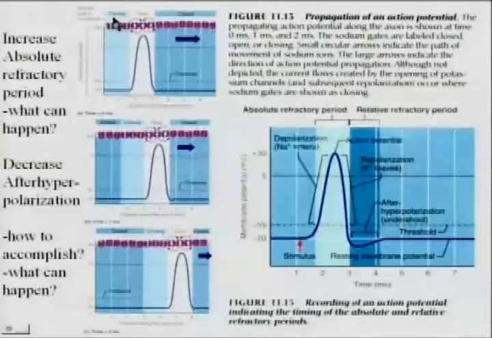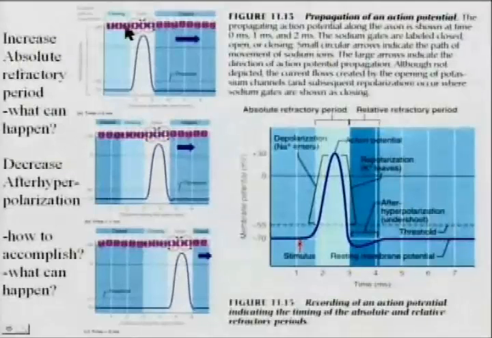So you're somewhere in here, you're in the relative refractory period. They're not showing the after hyperpolarization, but this is where it is. How far away are you from threshold? And are there enough voltage-gated sodium channels available to open to generate an action potential?